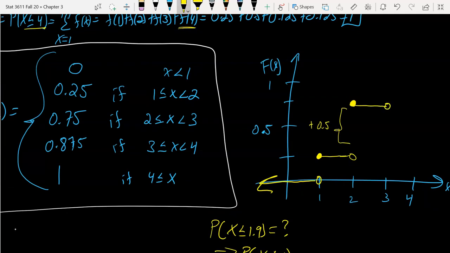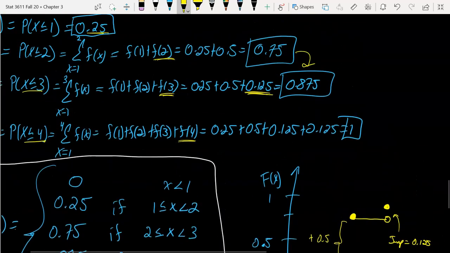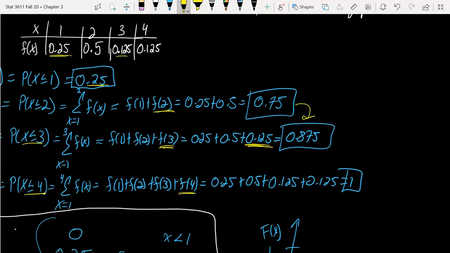But then we get to 3, we jump up to 0.875. Should be something like that. So this jump right here, that jump is equal to 0.125. That's an additional 0.125 based on this probability.